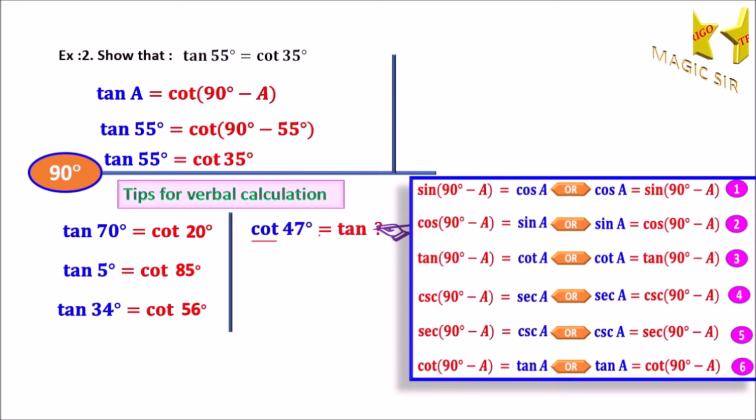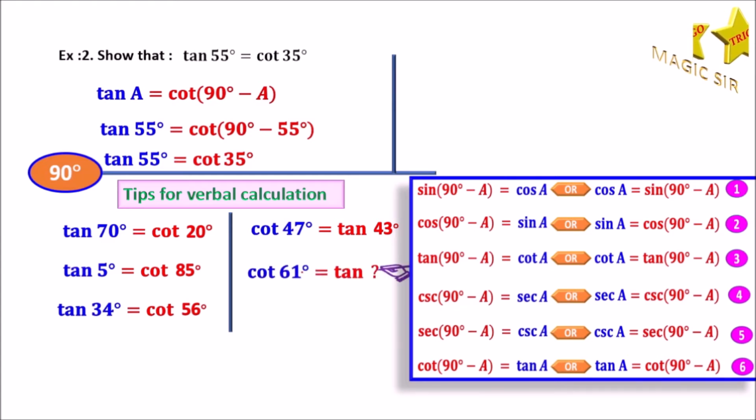Similarly, we can convert cotangent to tangent. Cot 47 degrees is equal to tan of 90 degrees minus 47 degrees, which is tan 43 degrees.